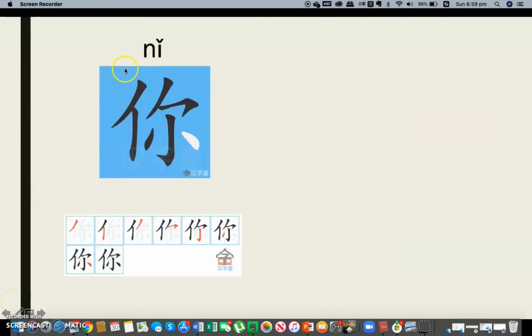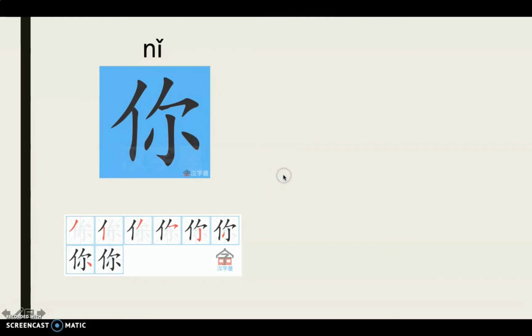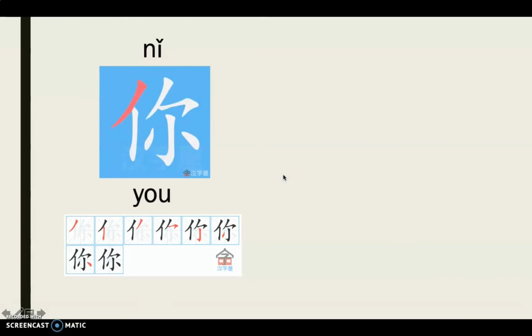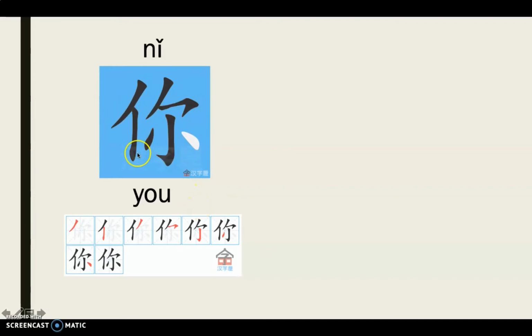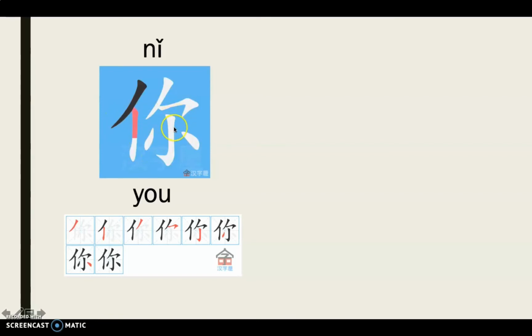First one, 你, what does it mean? Yes, it means you, as in 你好, 你好吗? How are you, right? So 你 has the 人字旁 radical, and 你是左右结构, left right structure.